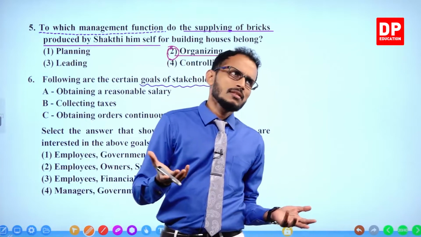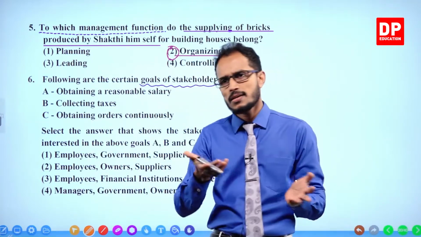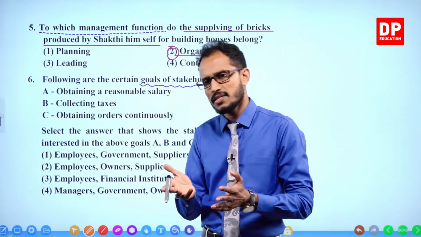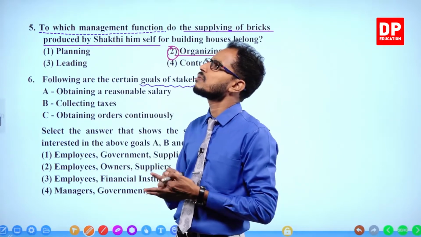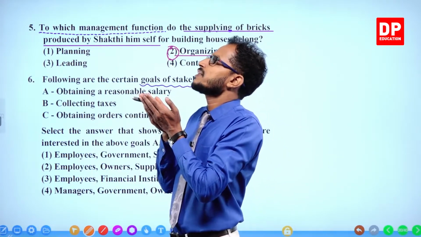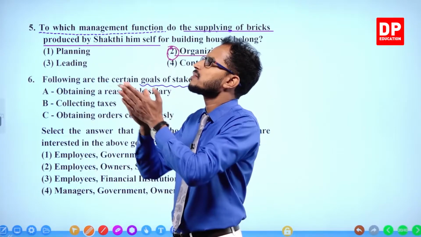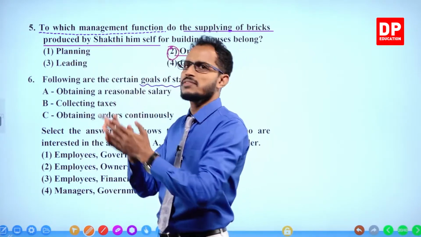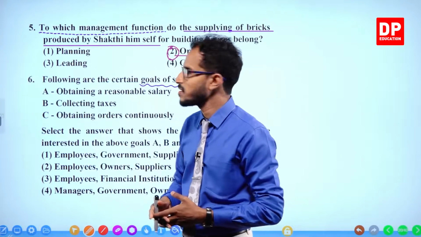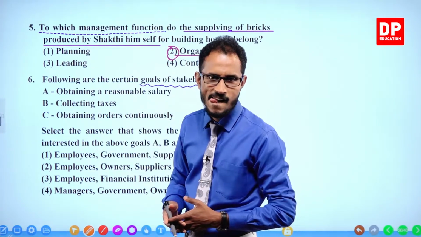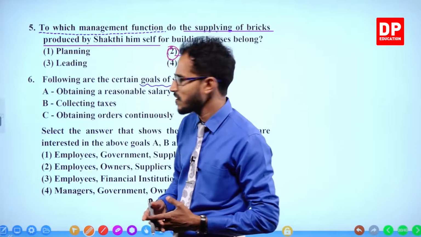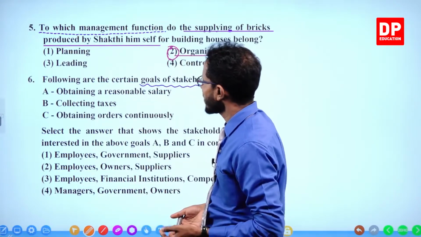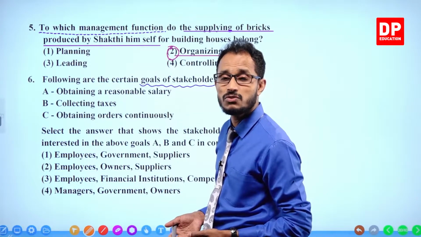Which party in the business is waiting until the end of the month until the salary drops to the account? Right? Obtaining a reasonable salary. That is the objective of employees.